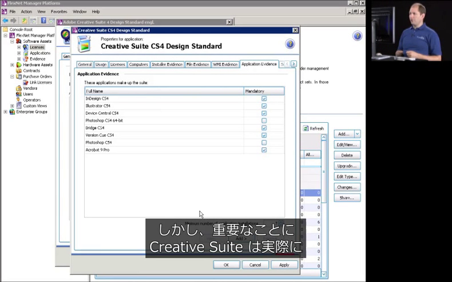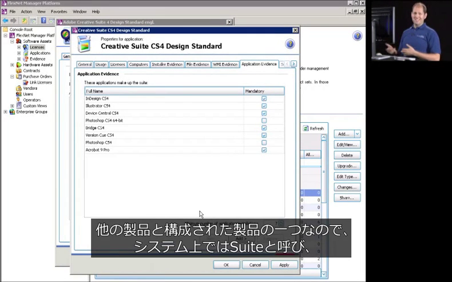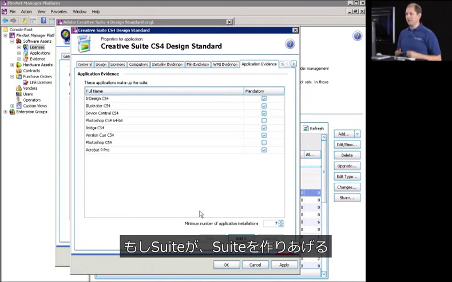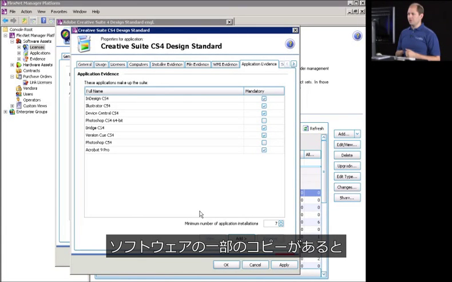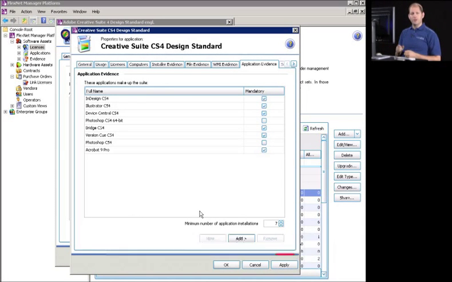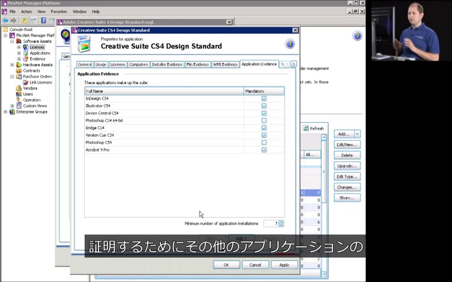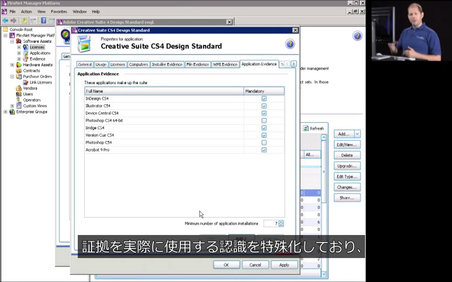However, importantly, Creative Suite is one of those products that's actually made up of other products. And so we call this a suite inside our system. And so for suites, we have specialized recognition that actually uses the evidence of those other applications to prove that there's a copy of that piece of software which builds up to make the suite.